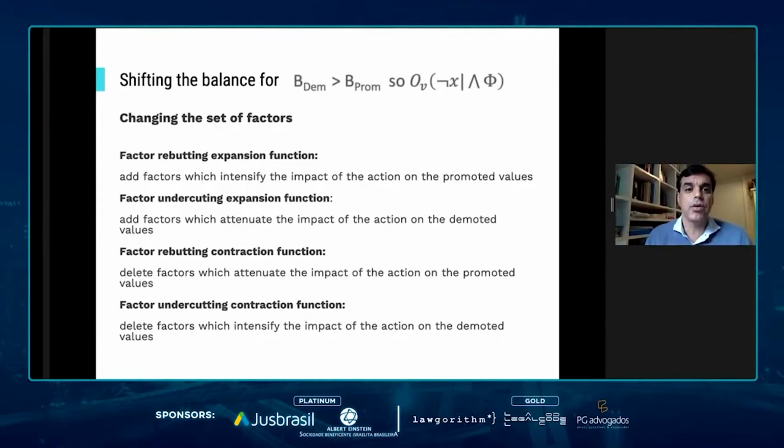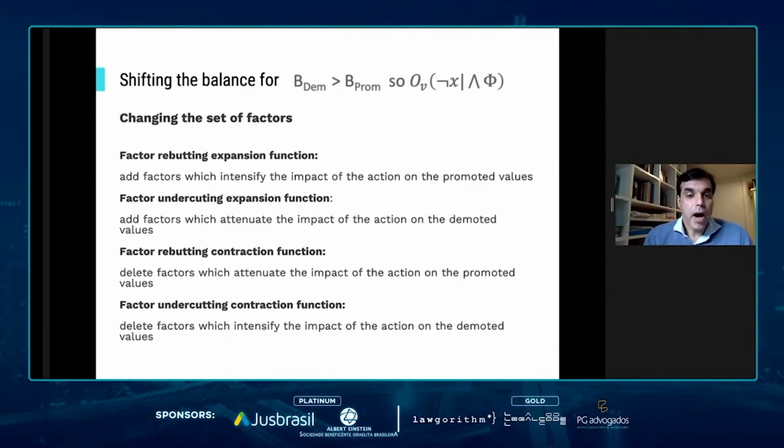Rebutting because it looks like a rebutting in structured argumentation, since we are going to come with a new opponent to the argument and strengthen the opponent. So for factor rebutting expansion function, you add factors which intensify the impact of the action on the promoted values. But it may be an undercutting if we weaken the winner. And we do that by adding attenuating factors.